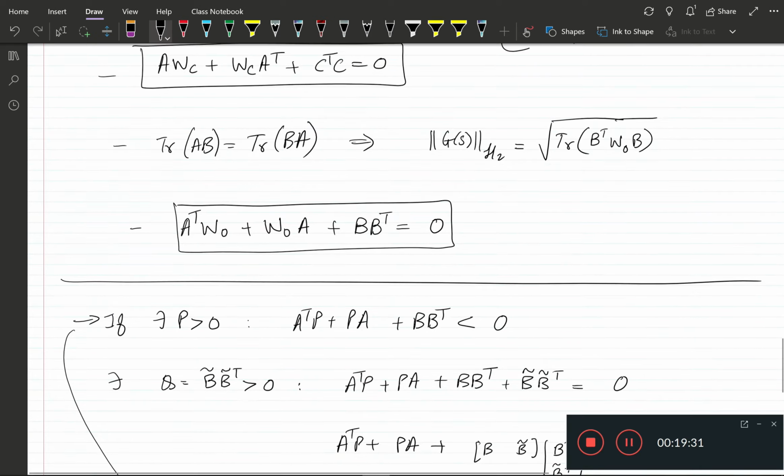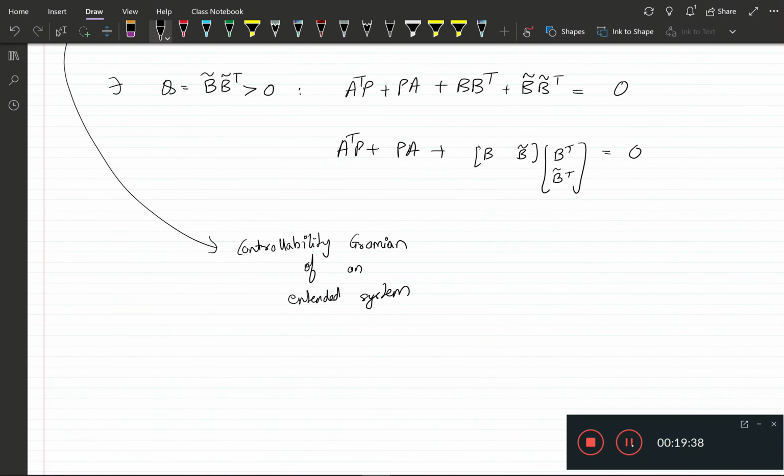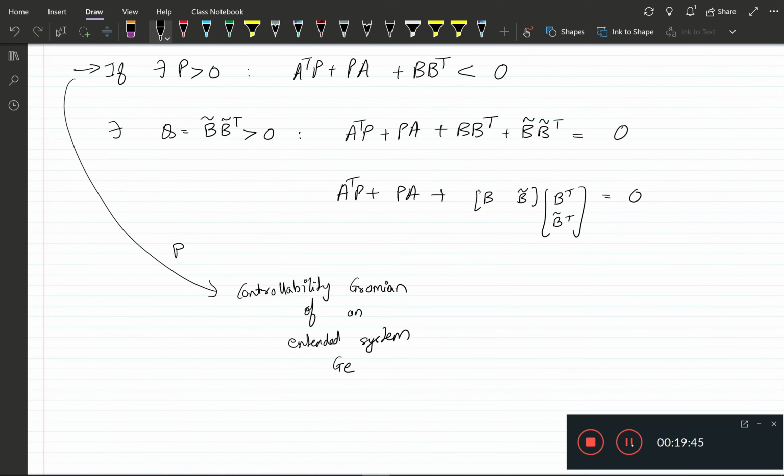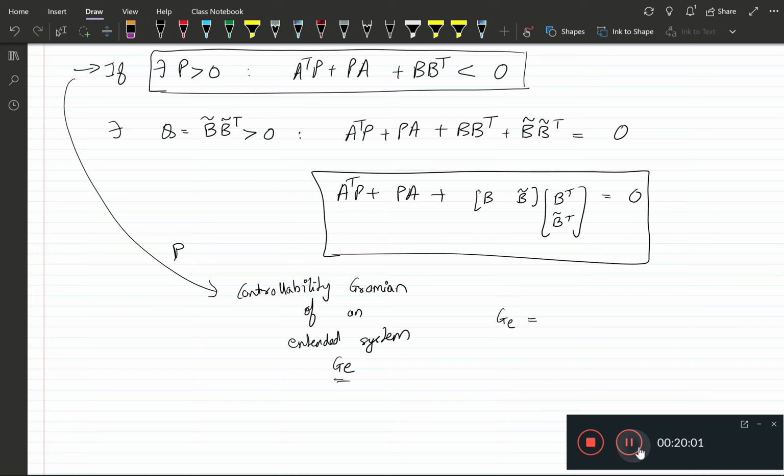So if the original system is G, then this P that we found here, which satisfies this LMI, is the controllability gramian of an extended system G_E, where G_E is the original G and this B tilde.